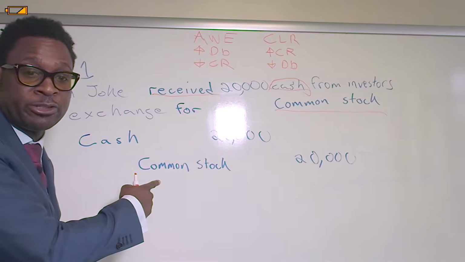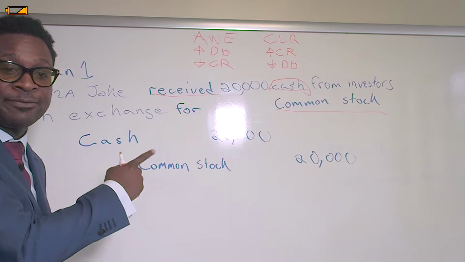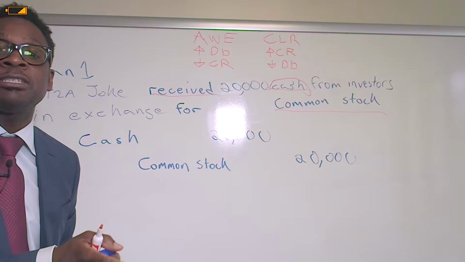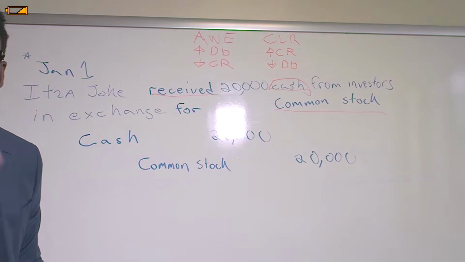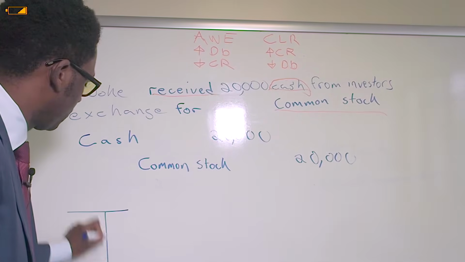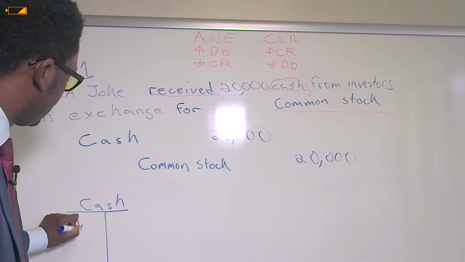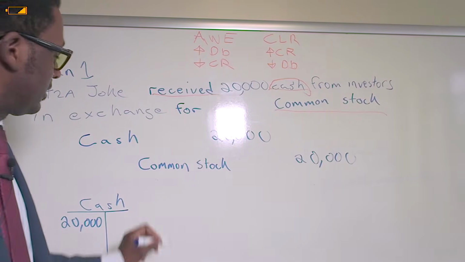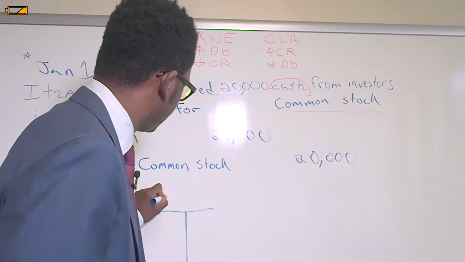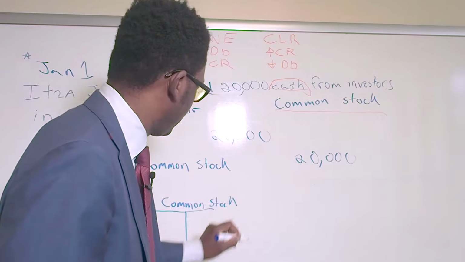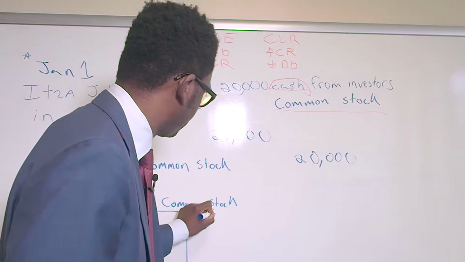This is a proper journal entry, gang. So after this, we should apply the posting to the T accounts in the ledger. We create a cash account, and we debit cash for $20,000, and we create a common stock account and credit common stock for $20,000.